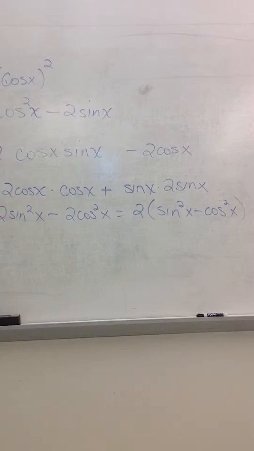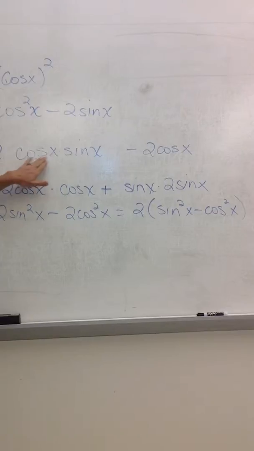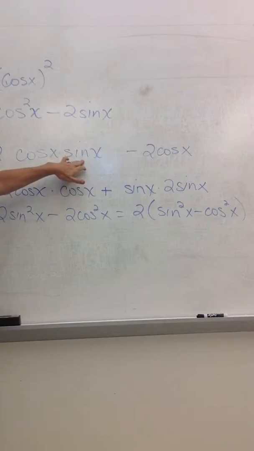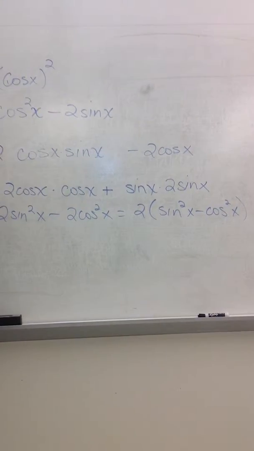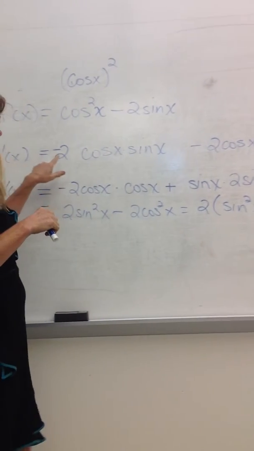Yes? I have a question about, after we did the first derivative, could we simplify the 2 cosine sine using the double angle formula, or no? Okay, well, hang on. The first derivative, we have 2 cosine, and the derivative of cosine was minus sine. So that's 2 times cosine times sine, right?